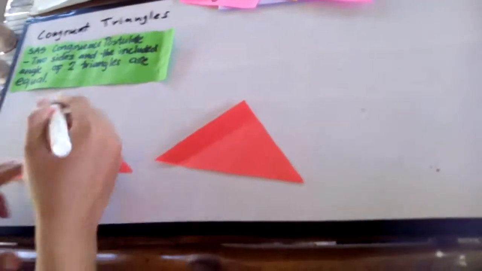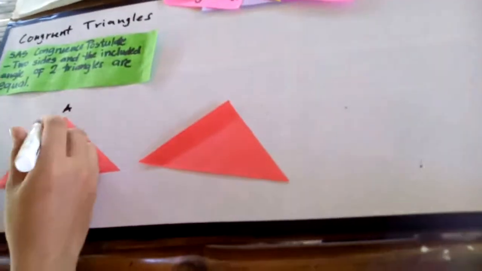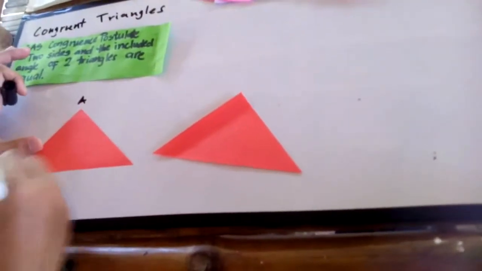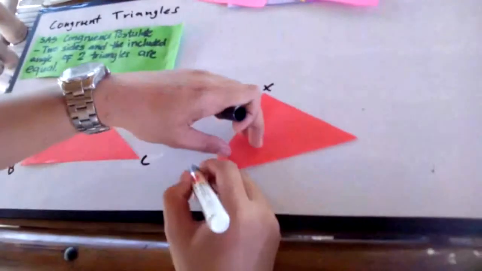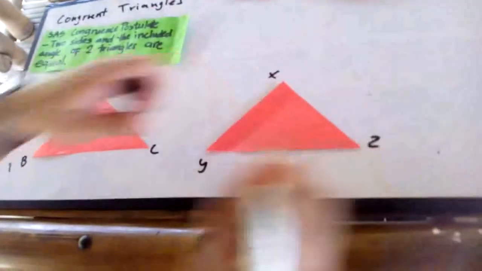For example, let us use again triangle ABC and triangle XYZ.